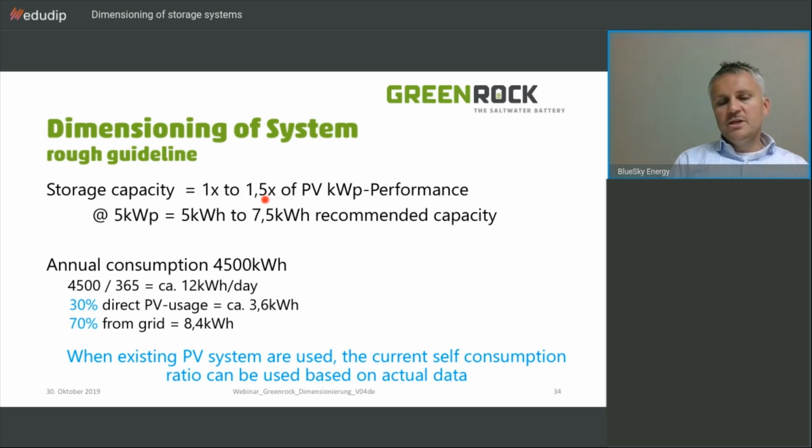So in that range we are working. That range would be our normal recommendation for a first pitch, for a first calculation. If you have 5 kilowatt peak of photovoltaic, we are recommending that the storage should be 5 to 7.5 kilowatt hours in capacity.